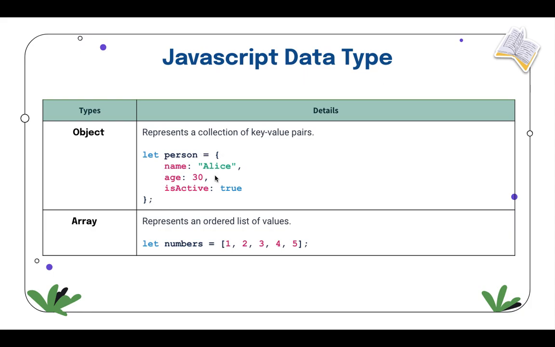This is the object format where we write let person equals curly brackets. Inside the curly brackets we write key-value pairs, comma separated. So this is the object type. We'll discuss everything in detail further on.